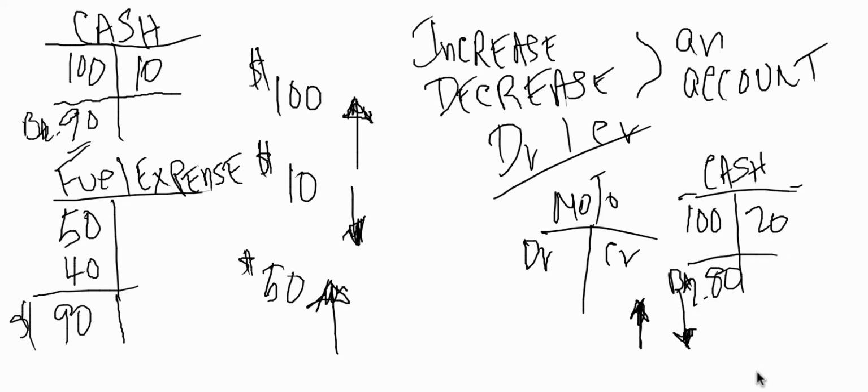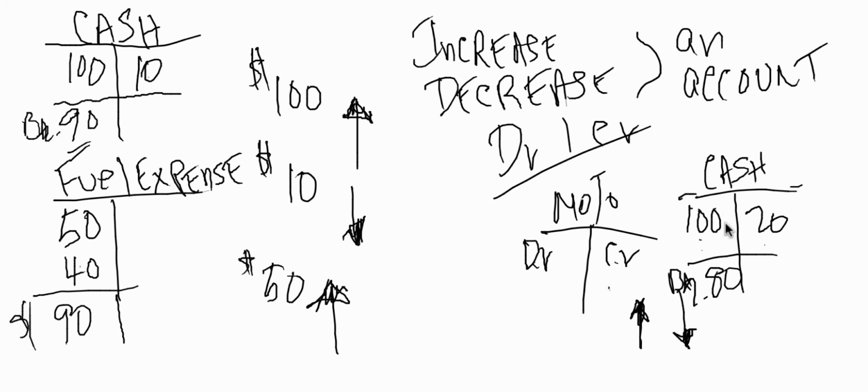Okay, so debits and credits. And by the way, all I've done here: debit, credit, debit, debit, credit. Left side, right side, left side. Those are debits. Here, Mojo account: left, debit, right, credit. Okay?